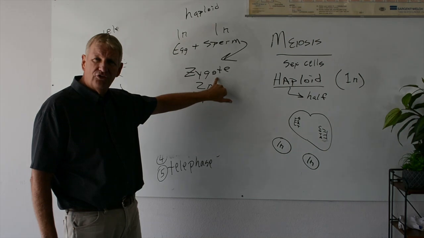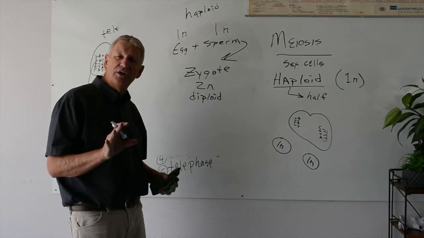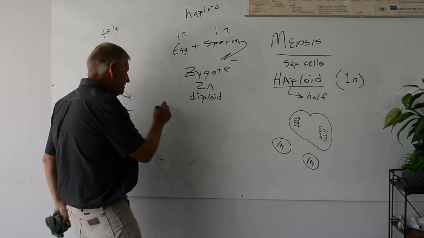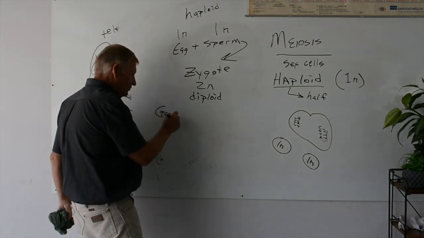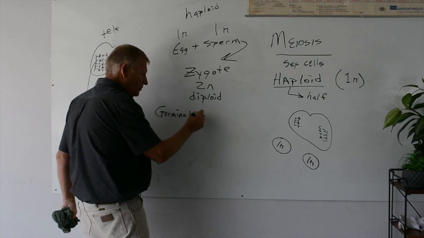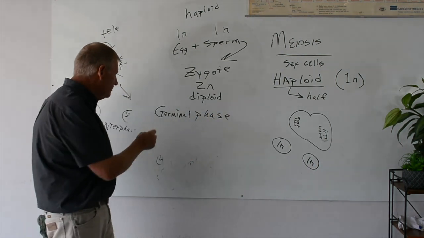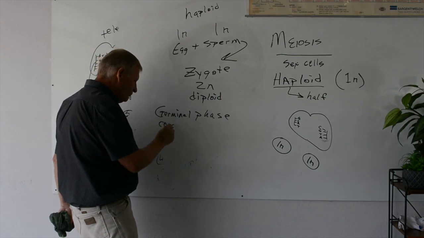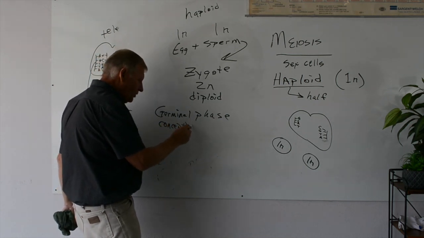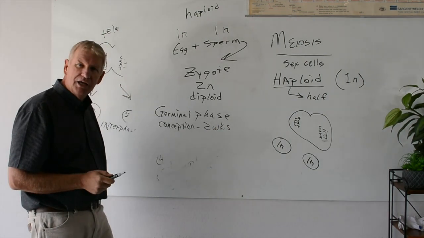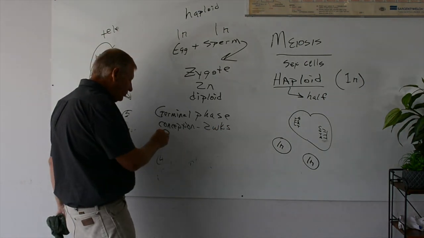The zygote exists in the germinal phase. The germinal phase is from conception to 2 weeks. And it is rapid cell growth.